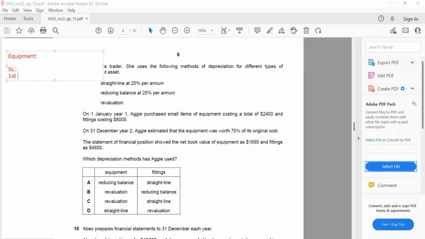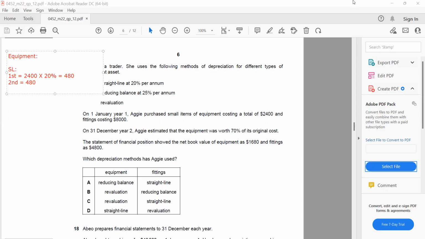First year, we take 2004 times 20%. Straight line is 20%. So I get 2004 times 20% is 480. Second year will be the same, also 480.